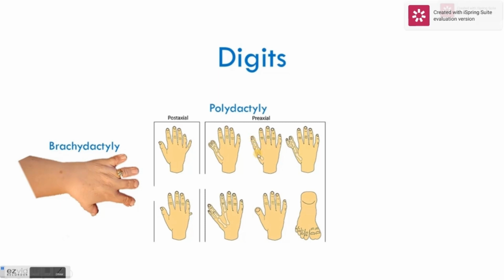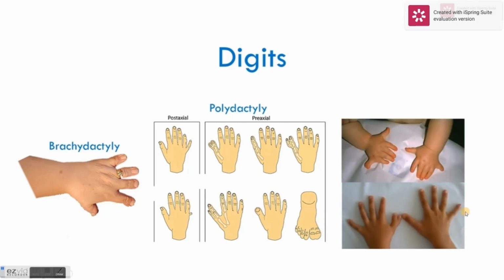It has 3 phalanges instead of 2. This is double. We can say this is pre-axial polydactyly. We can say broad bifid thumbs, but the right description is pre-axial polydactyly.